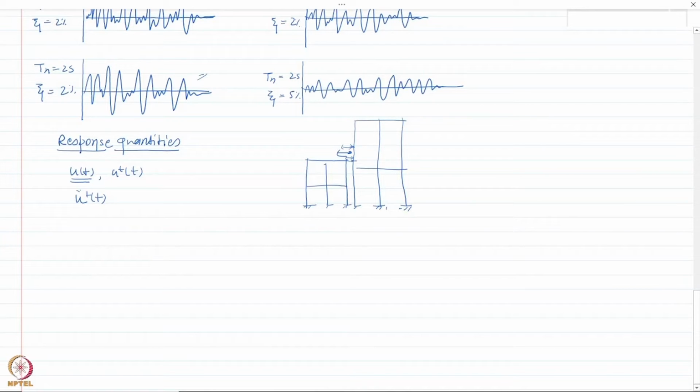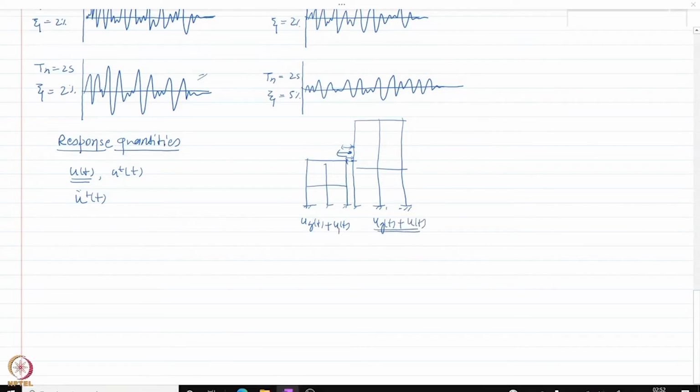So here the relative displacement is not the important factor. For pounding, you need to find out the effect of the ground displacement plus the relative displacement, because that is the displacement responsible for making decisions regarding the separation of the buildings. Similarly, for this one it would be ug(t) plus u(t).